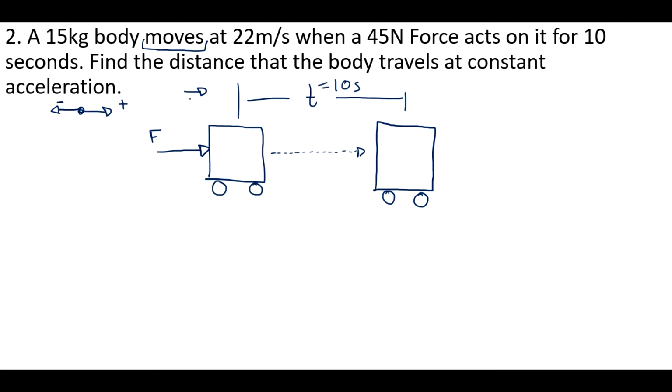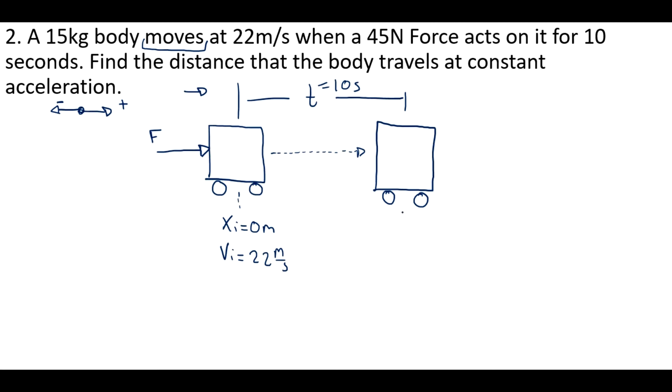So let's write the data here. Here I'm going to have the initial position. Most of the times the initial position is 0 meters, unless the problem says something different. This will be the initial velocity, 22 meters per second.